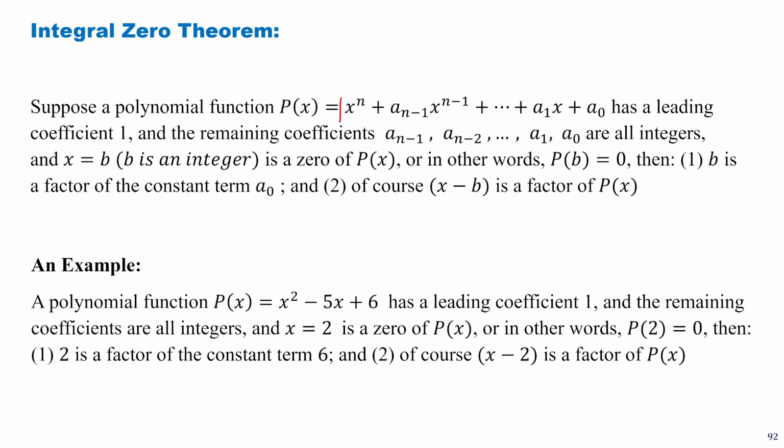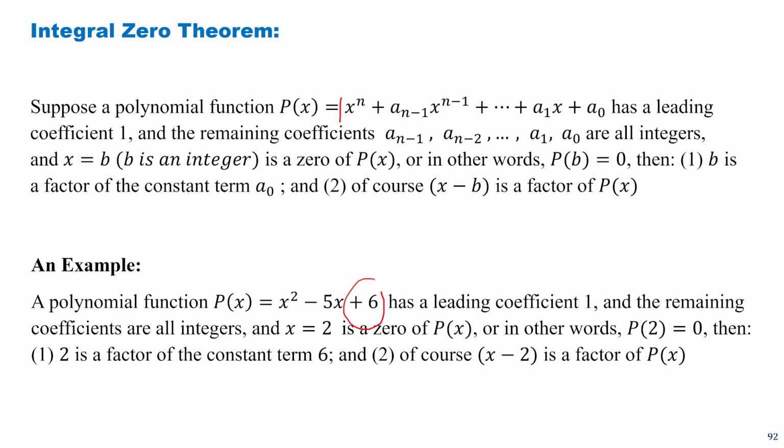I'll show you a concrete example to illustrate this theorem. Consider the polynomial function p(x) equals x squared minus 5x plus 6. It has a leading coefficient 1, and the remaining coefficients are all integers. And x equals 2 is a zero of p(x). We can easily see that x equals 2 is a zero of p(x), in other words, p(2) is 0. Then we have the following conclusions. First, 2 must be a factor of the constant term 6.